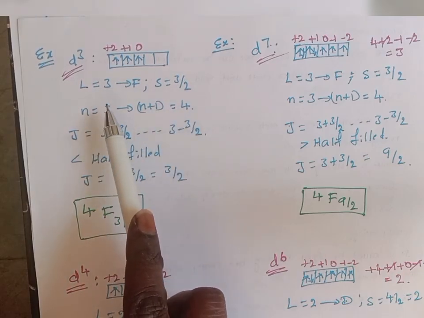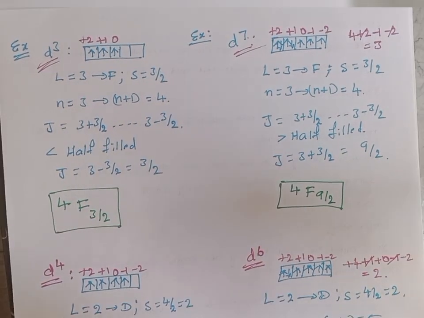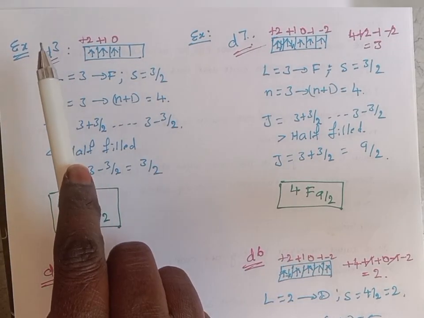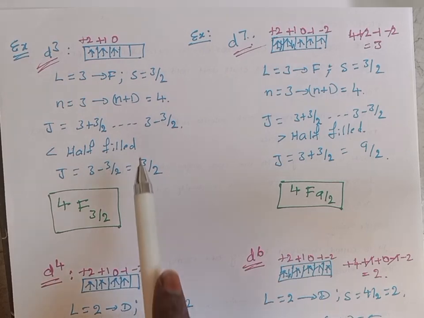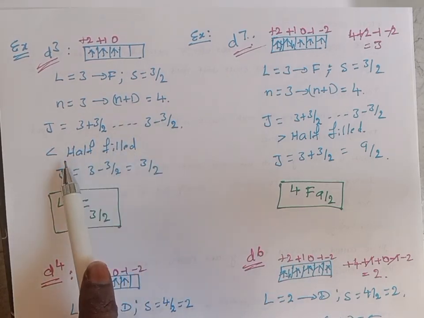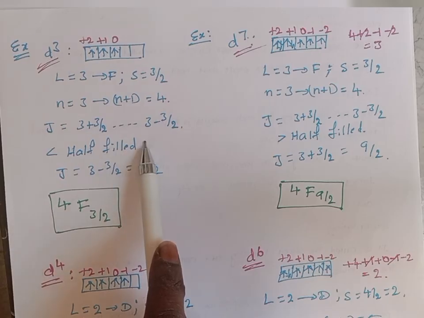J values will be L plus S to L minus S, and it is less than half filled configuration. So the L minus S, that is the lowest J value, will be considered as the ground state term symbol.